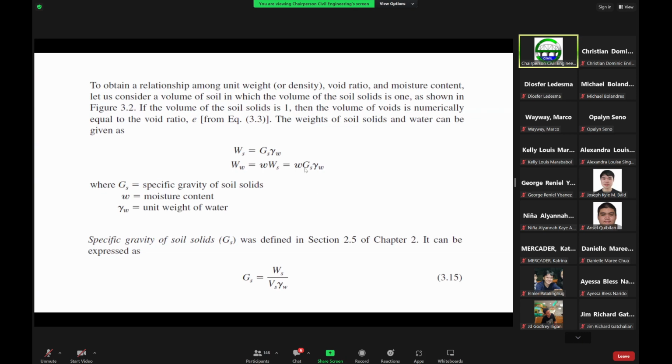But from here we know that the weight of soil solids is equal to the specific gravity of the soil solids, G sub S, multiplied by the unit weight of water. Hence, the weight of water is equal to the water content multiplied by the specific gravity of the soil solids multiplied by the unit weight of water.